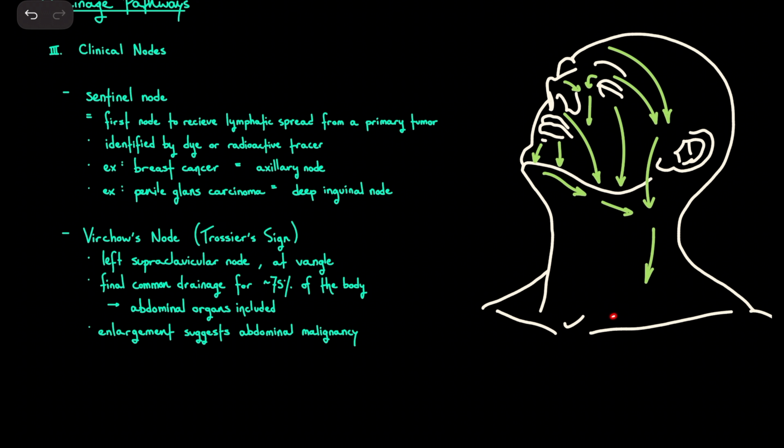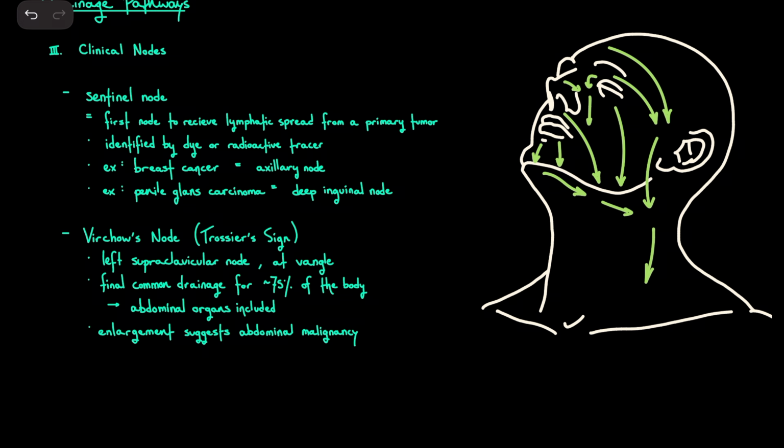If swelling is occurring here and the malignancy is abdominal in nature, well, that means we have quite a bit of metastasis going on, and that's just never a good sign. So a big swelling here with malignancies downstream is a really, really bad sign.